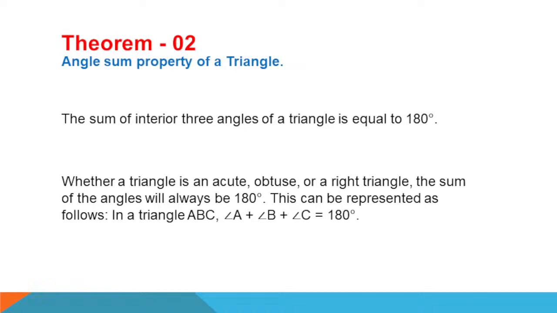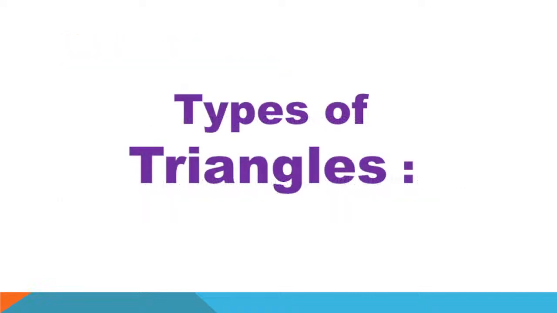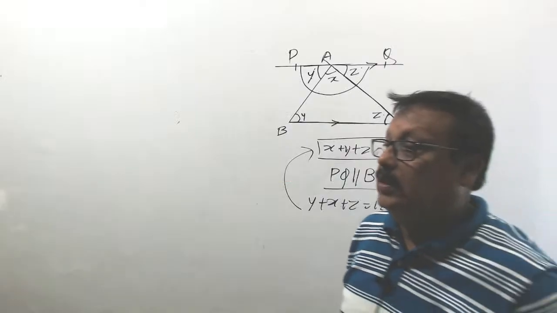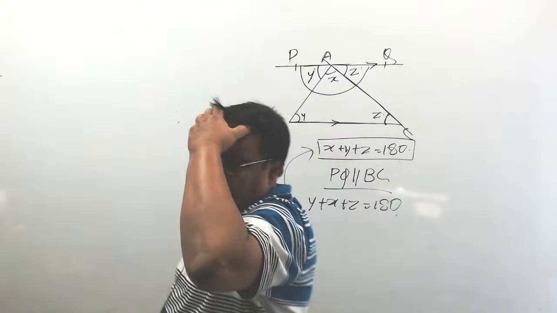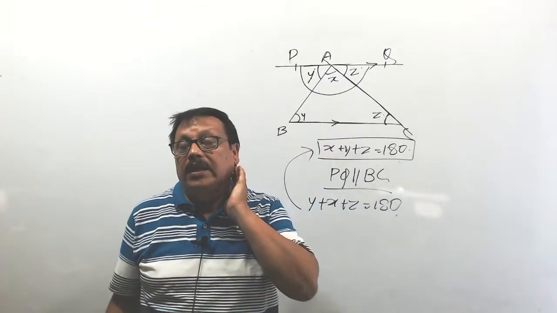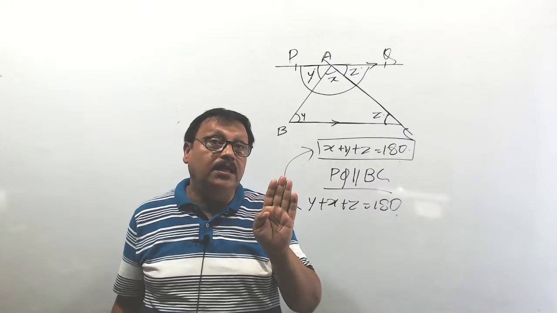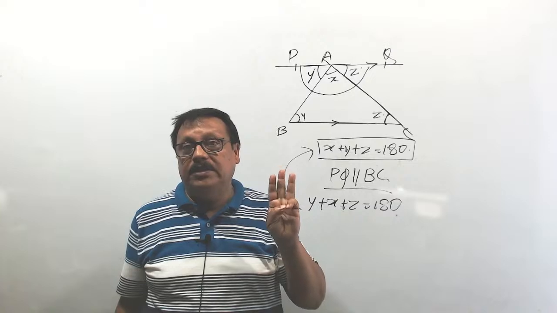Now, what's the next one? Types of triangles. There are 6 types of triangles. Regarding side 3 types and regarding angle 3 types.